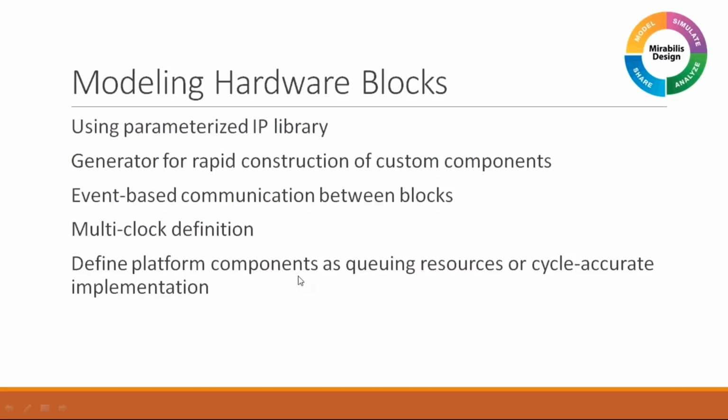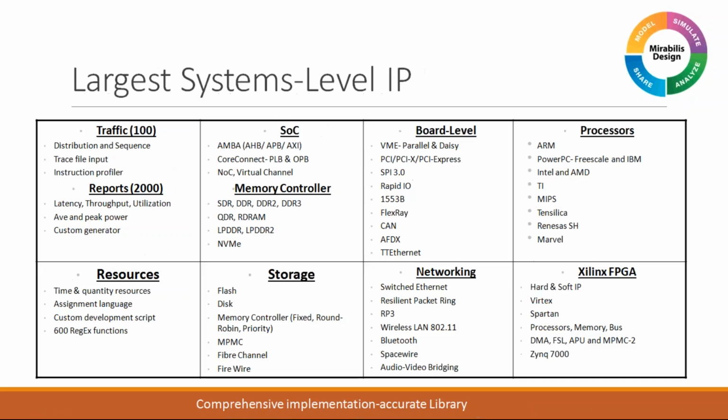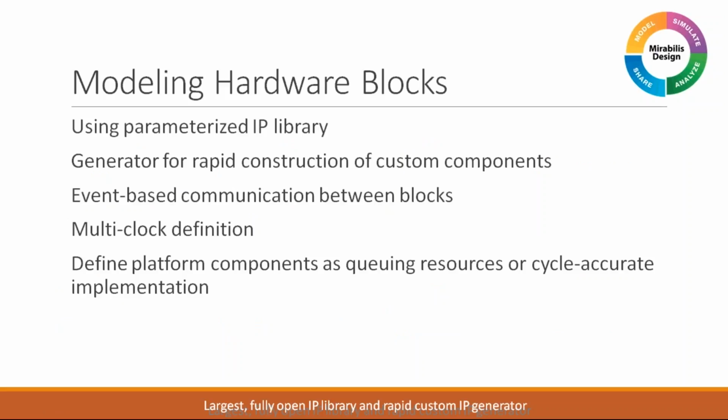Okay, and looking at the modeling of hardware blocks, we provide, as I mentioned, parameterized IP library blocks. We also provide generators for rapid construction of custom components, be it a processor, a bus technology, or maybe some other accelerators. Using library generators, you can create custom components very quickly as well.